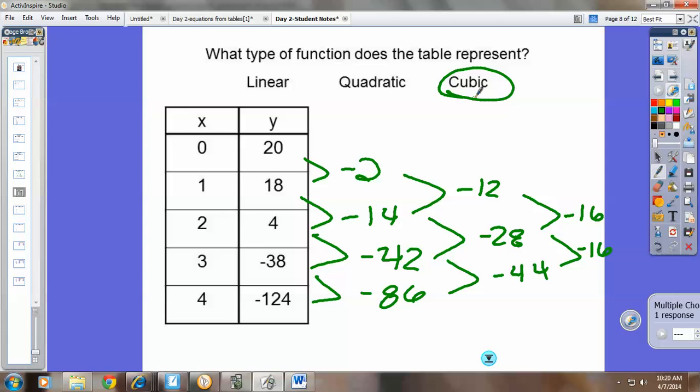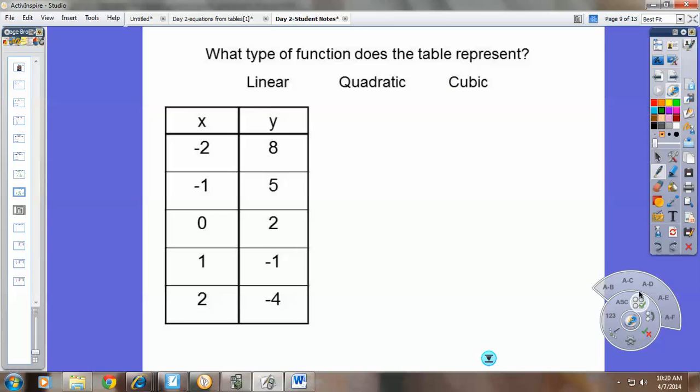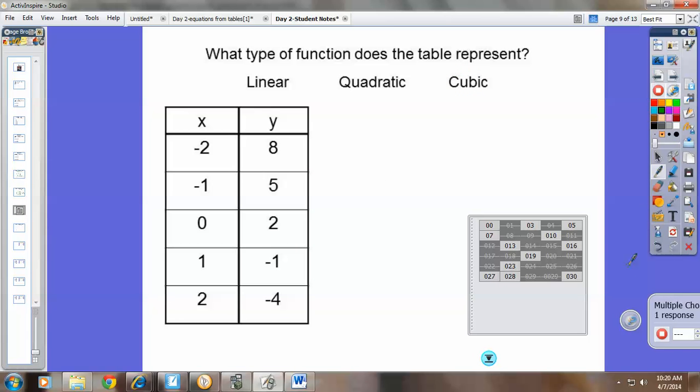So look at the next table. Should identify what type of function this is. Is it linear? A, quadratic B, cubic C. Yeah, these are opposite, right?